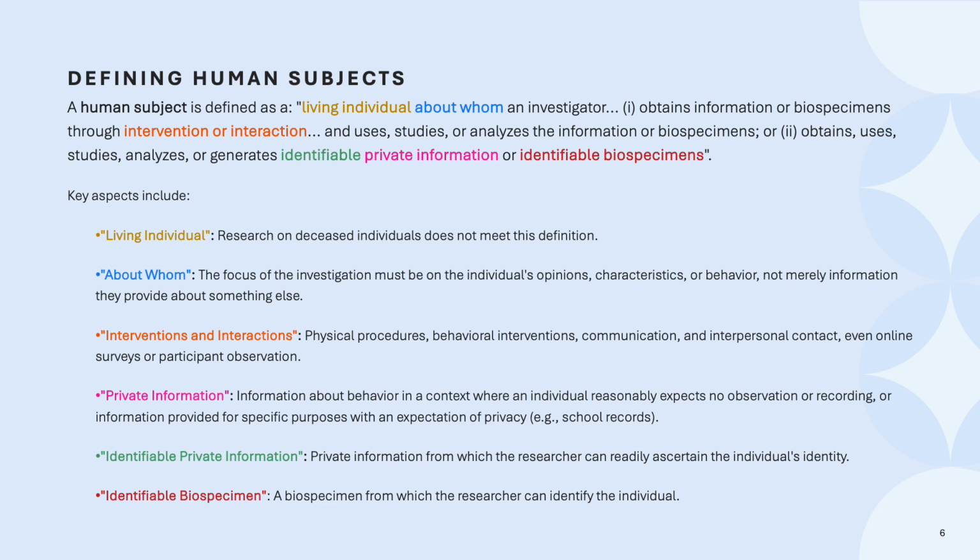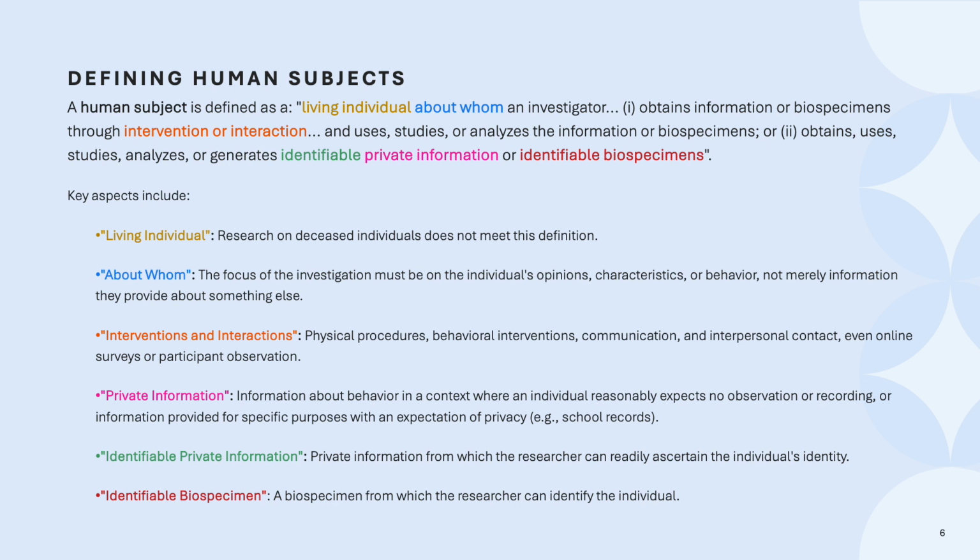Interactions, on the other hand, include interpersonal communication between the subject and the researcher, whether it be face-to-face, by mail, or via online surveys. Private information consists of information about behavior that occurs in a context when an individual can reasonably expect no observation is taking place. For example, a conversation between two people on a park bench or at a table in a restaurant can be reasonably assumed to be private, even though it's occurring in a public place.